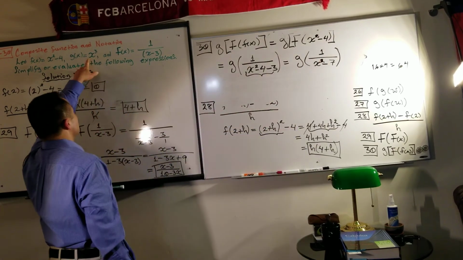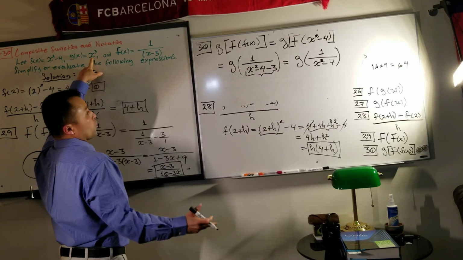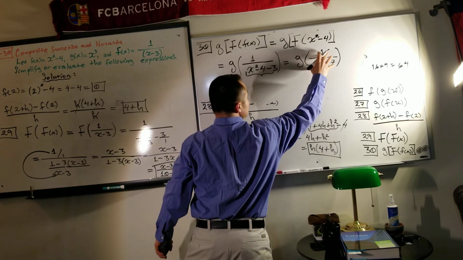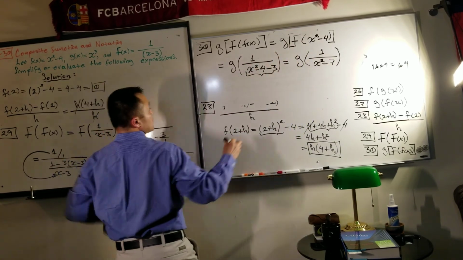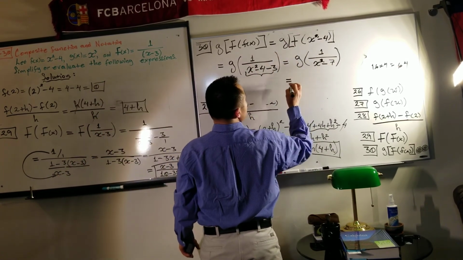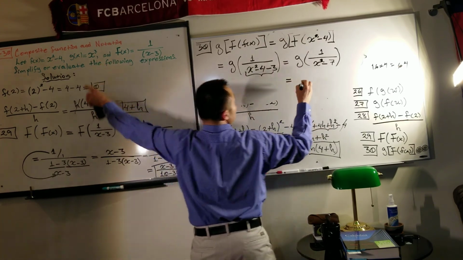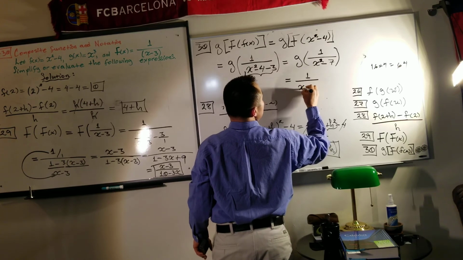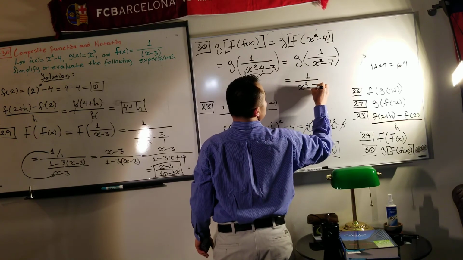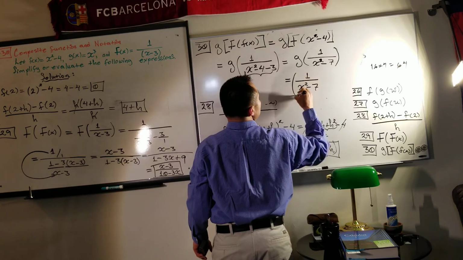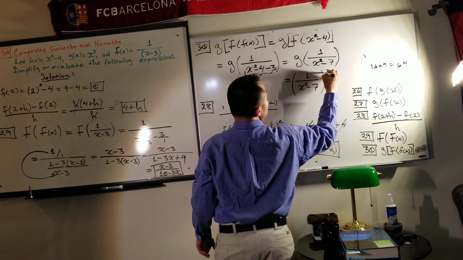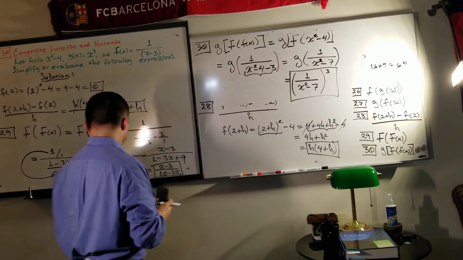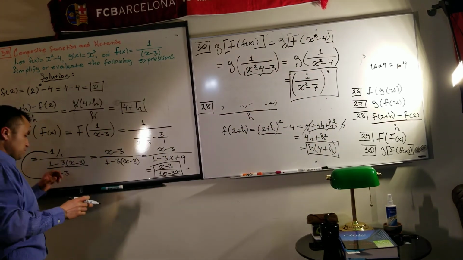We know g of x is x to the third. So all we have to do is plug this expression to the power of third. So this is going to be equal to 1 over x squared minus 7, to the power of third. And that is the answer for this problem.